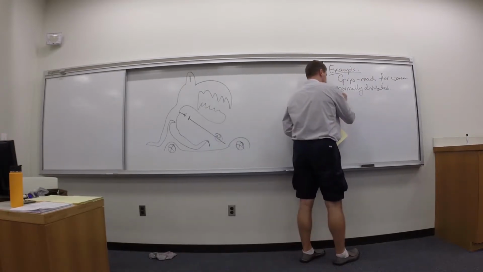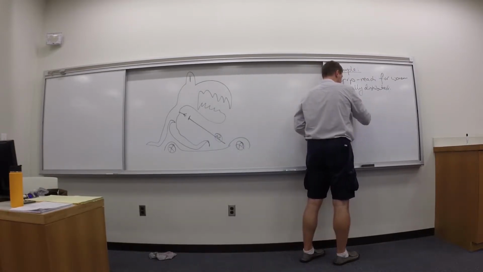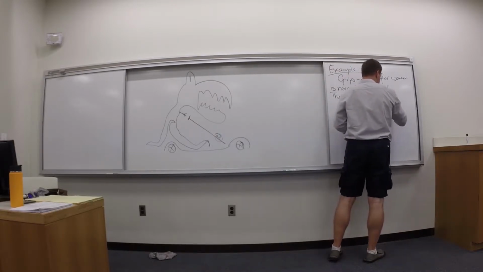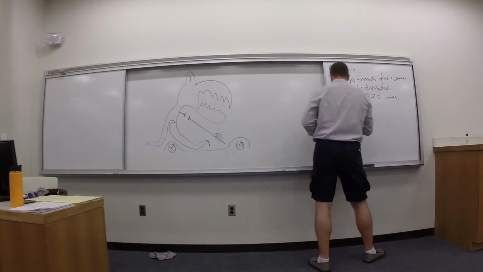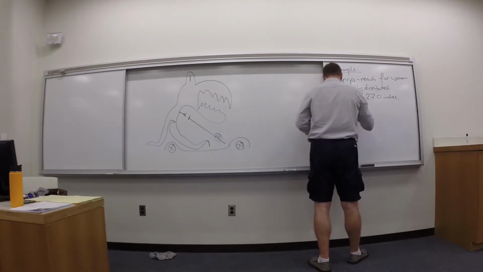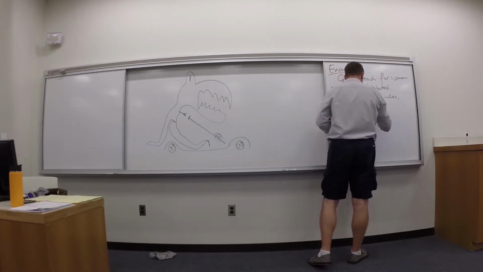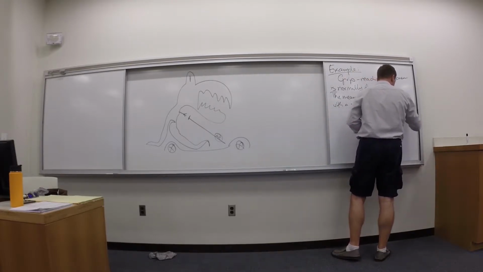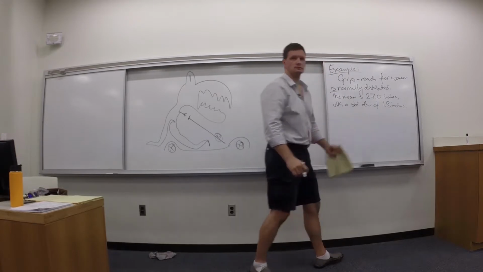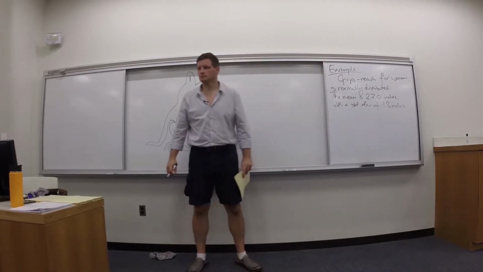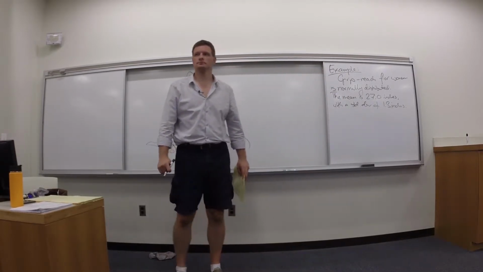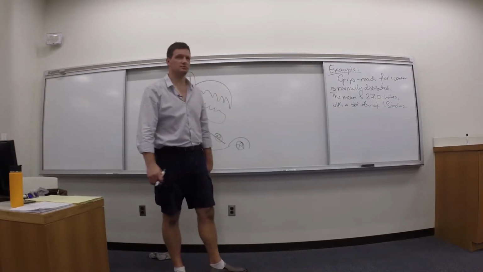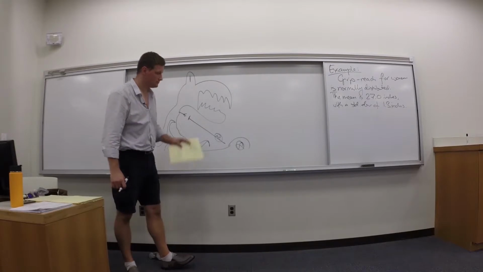We know that the mean is 27 inches with a standard deviation of 1.3 inches. We did some measurements and this is what we're coming up with. So far so good.